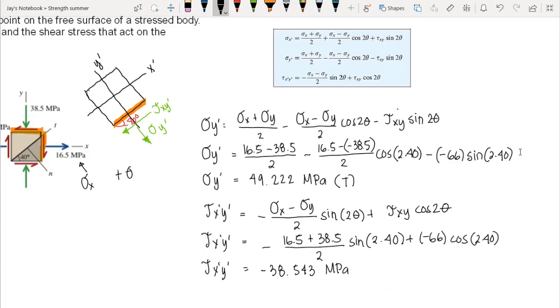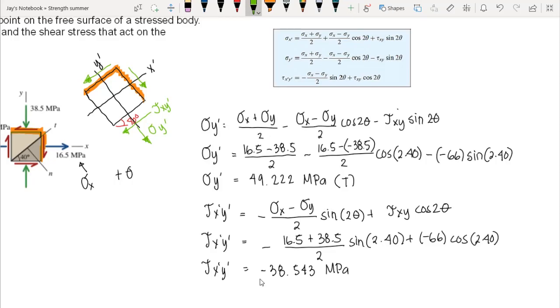Now take note, this one is negative, so therefore its direction on the positive face of our stress element is to the negative axis. So we can say that if this is our positive axis in our stress element, our shear stress there is going to the negative side, to the negative x and to the negative y.